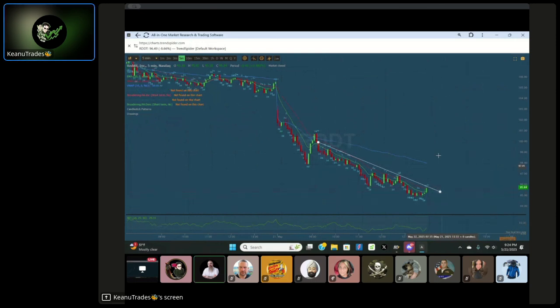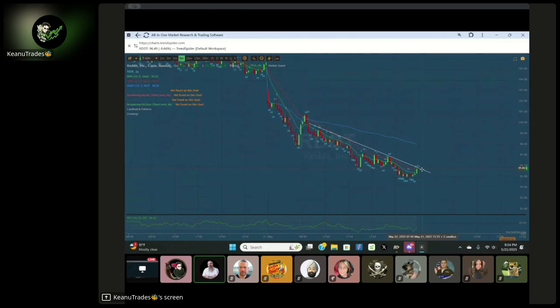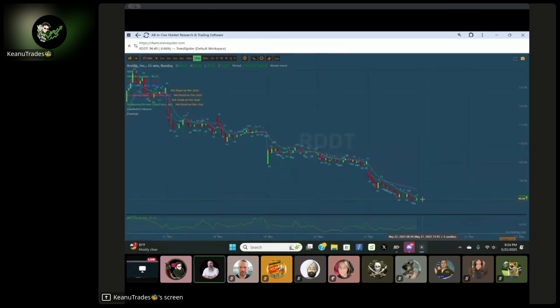There's your trend line on a 5-minute chart. Look for the failure around the $96. It'll probably come up and then start to sell back down and fail, is what I would guess.